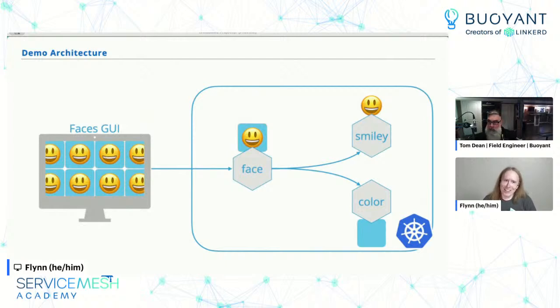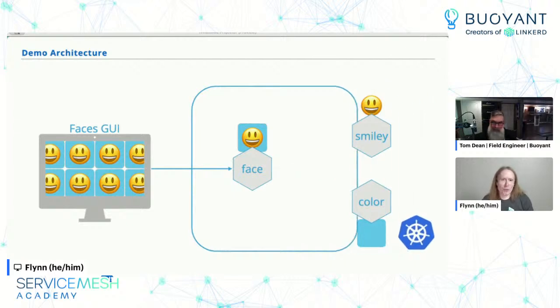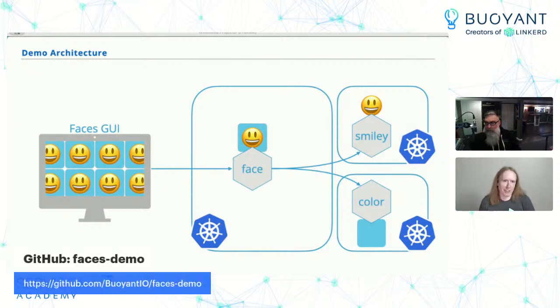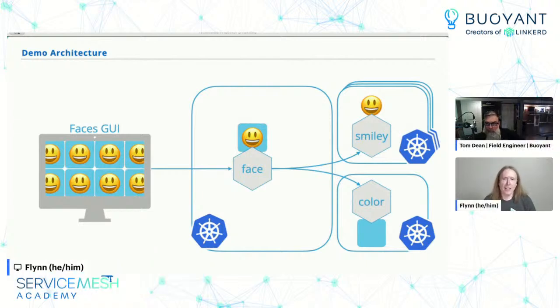For today's demo, we are going to cheat quite a bit. The first way we're going to cheat is that we are not going to run Smiley and Color in the cluster with the Face workload at all. We're going to run 3 distinct clusters, each running the Smiley workload.